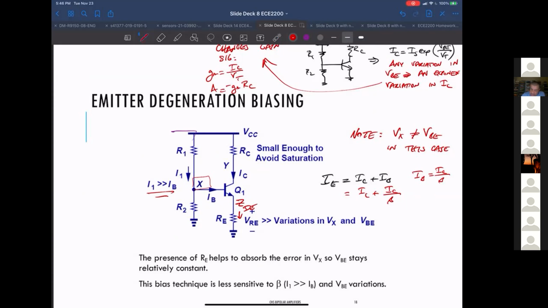So you could say that I sub E is approximately equal to I sub C, because although beta is all over the place, it's much greater than, say, 50. So it's a big number.